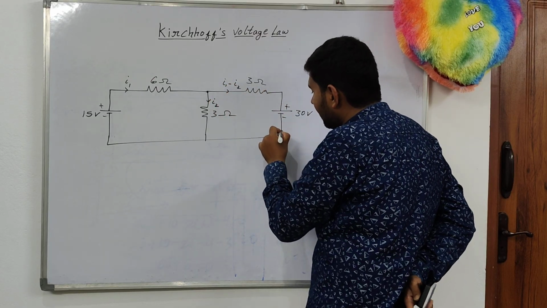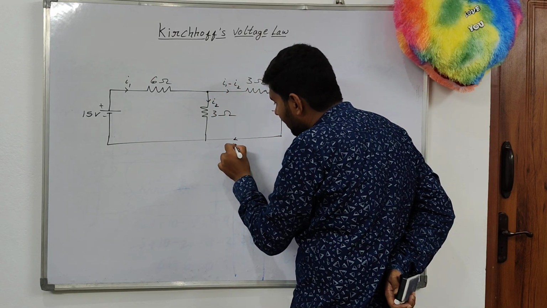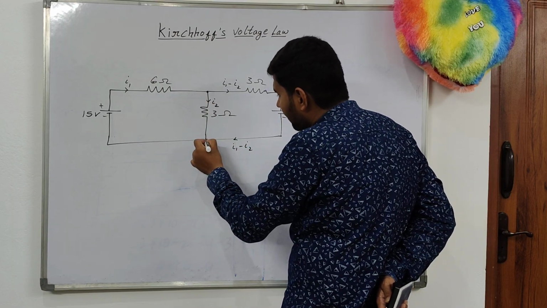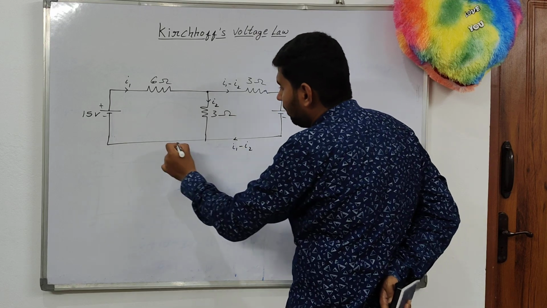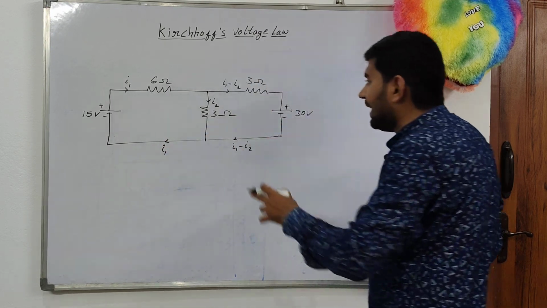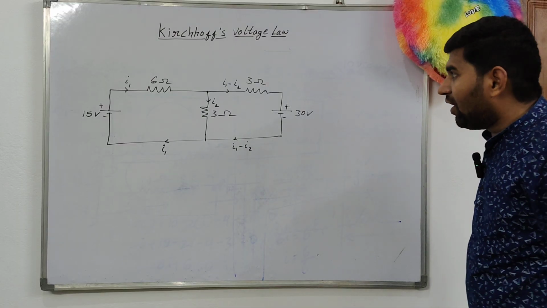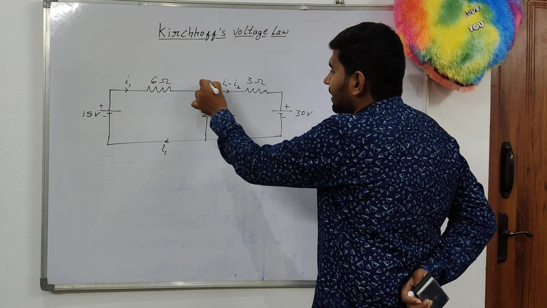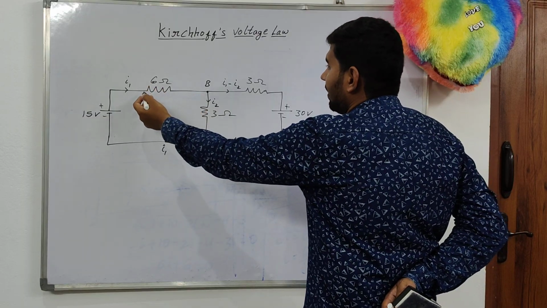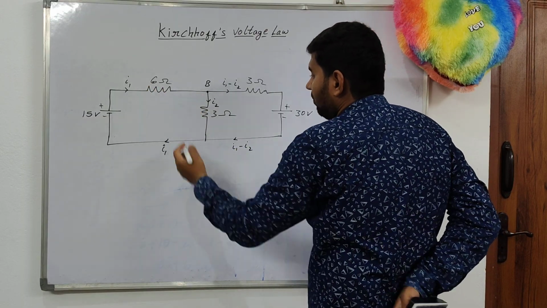Here I2 is coming here, I1 minus I2 plus I2, here you got I1. The KCL condition is satisfied. At the junction point B, what are the incoming currents? I1.